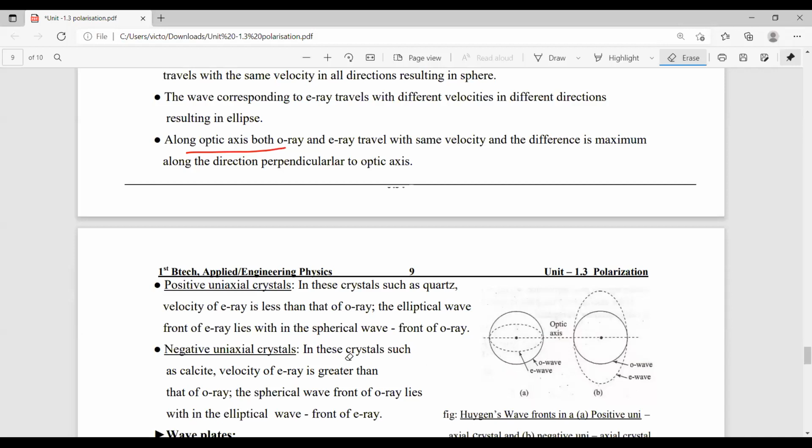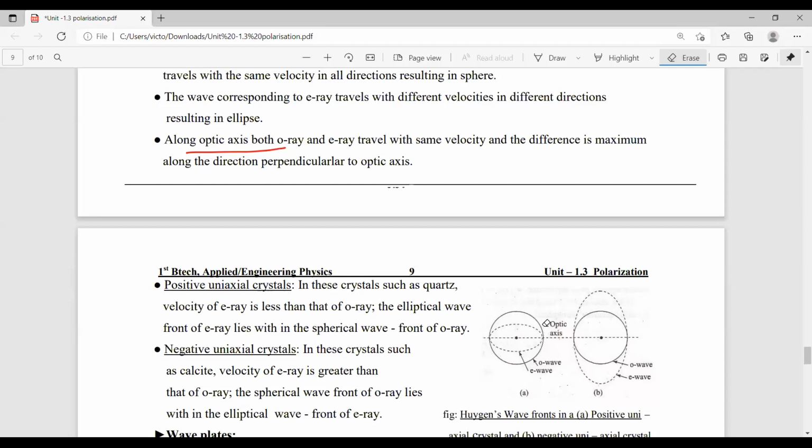Then, based on the velocity of E ray and O ray, uniaxial crystals are again divided into two types, positive and negative. Okay, so which one is a positive uniaxial crystal? In these crystals, for example quartz, the velocity of E ray is less than the velocity of O ray.